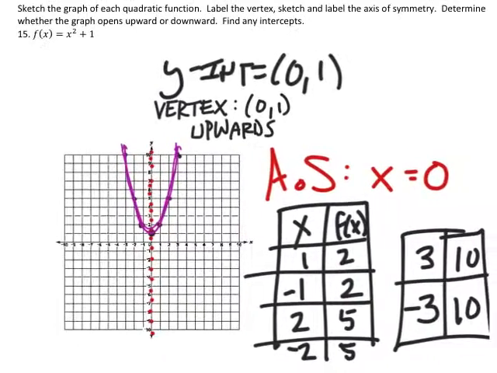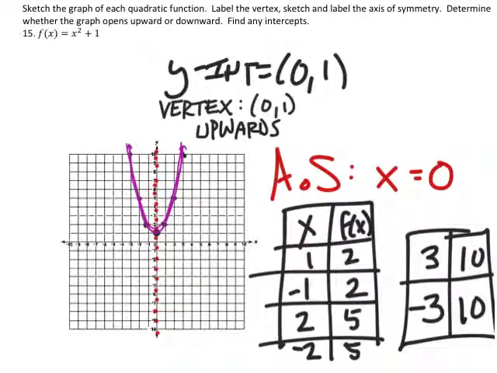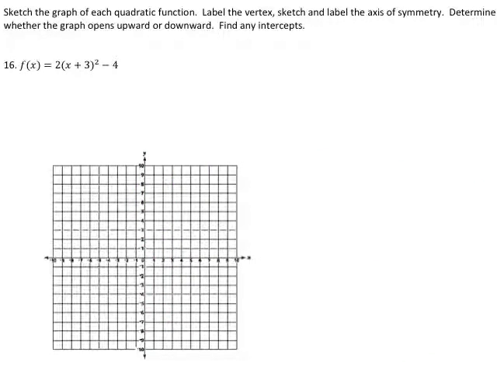And that's about it. I'll just leave it like that. There's our graph. We have our y-intercept. There's no x-intercepts. Our vertex, it's opening upwards, and our axis of symmetry is found. All right, 16 is going to work the same way. We can see this a value is positive, so this is going to open upwards.